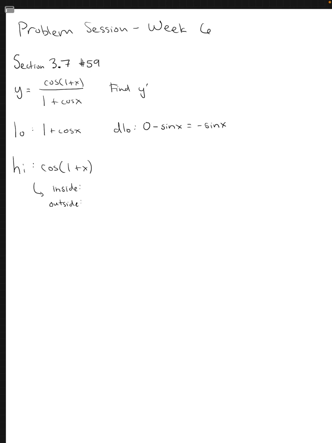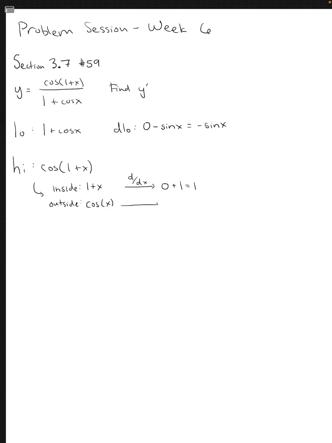So the inside here, well, it's what's being plugged into a function. That's the 1 plus x. And the outside is what the inside is being plugged into. So that's cosine of x. So if we take the derivative of the inside, well, again, that 1 becomes a 0. The x becomes a 1.